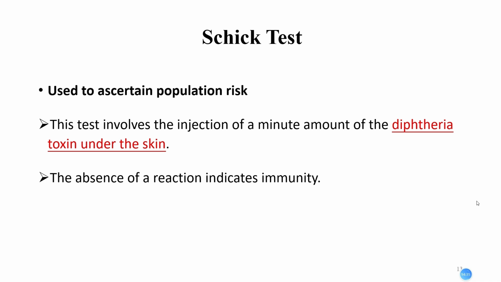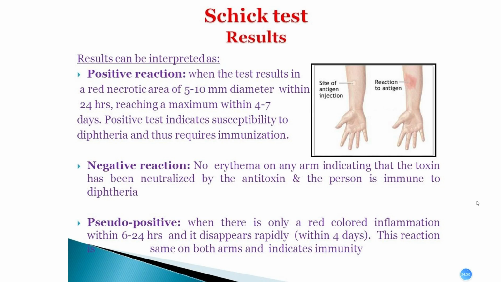If your body does not contain any antitoxin, if you are not immunized, the toxin injected underneath the skin would cause cell damage and cell death. It will cause inflammation surrounding the injection site.